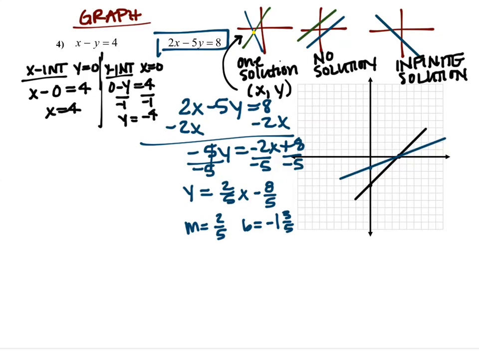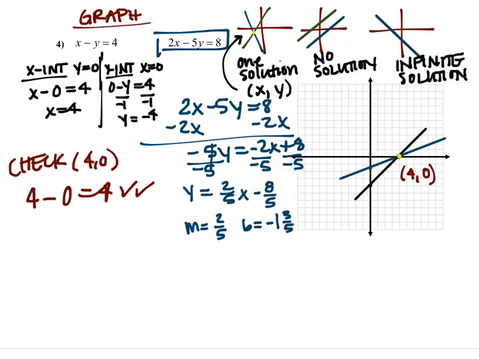That looks pretty good. Where these lines cross, it appears that they cross at 4, 0. So we're going to check that point, 4, 0, which looks to be about where they intersect, in both equations. In the first equation, I write 4 minus 0 equals 4, and in fact that checks out.